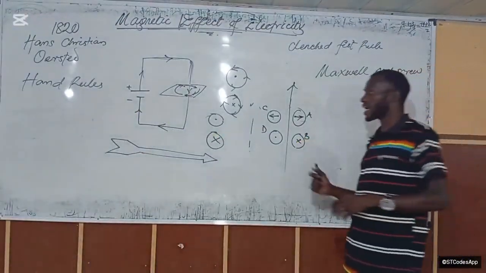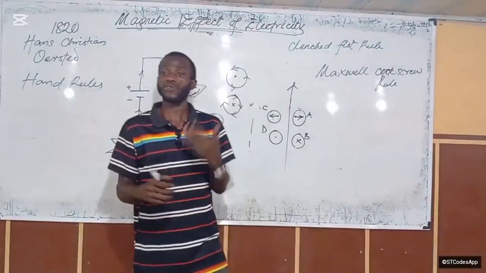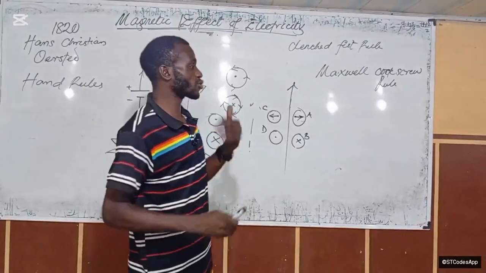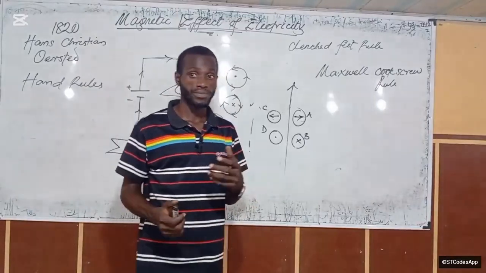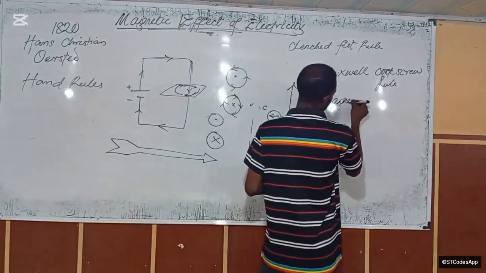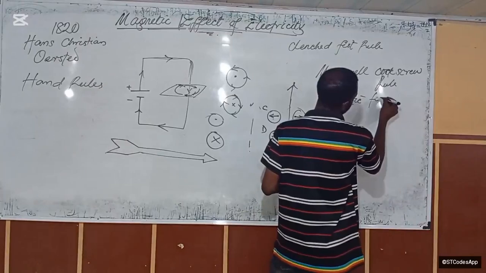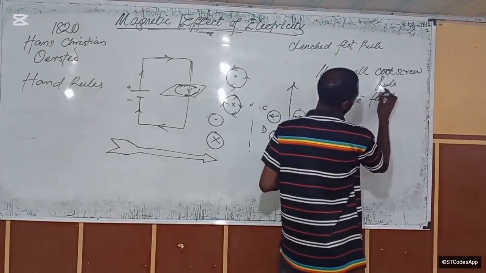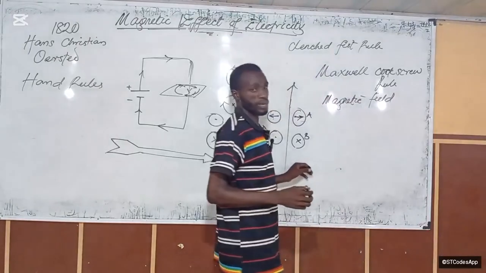Now, it was also found out that the strength of the magnetic field, we call it magnetic field strength. I probably gave this formula in my first video of magnetism.